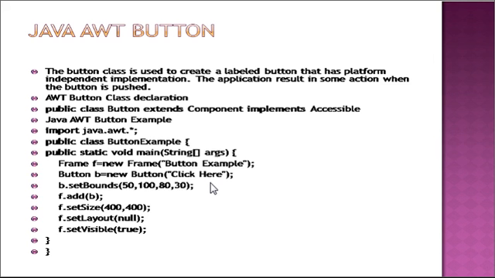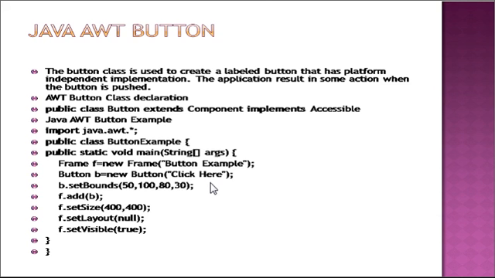Let's take an example of the Button class. Firstly we import the package, java.awt, which holds the meaning of each of the Java AWT classes. Here we take a class named ButtonExample, and these classes have some objects.